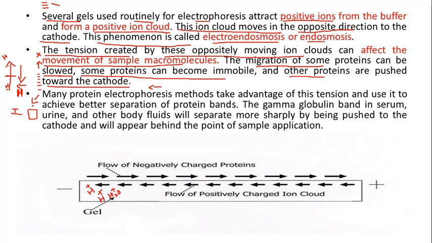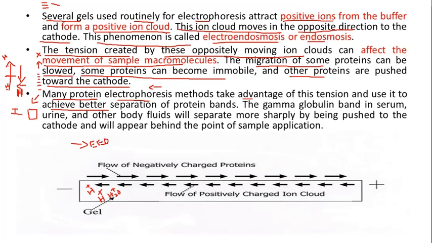So please keep this in mind. It's a very important phenomenon. Many protein electrophoresis methods take advantage of this tension and use it to achieve better separation. If you want better separation, you consider this electroendosmosis, using a low electroendosmotic medium or matrix.